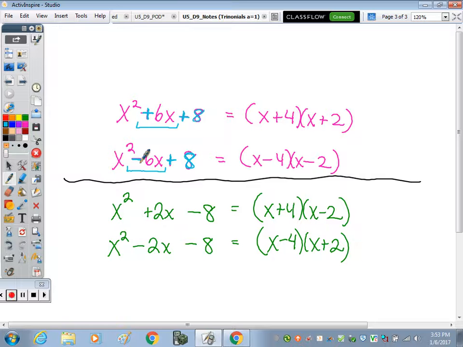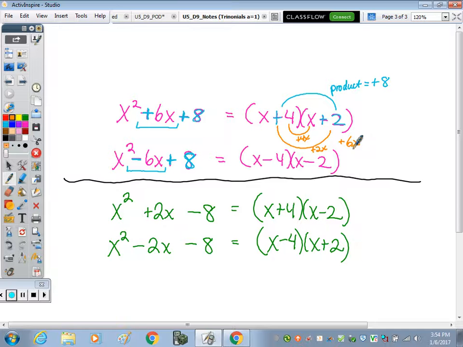So if you go over to the factors on the right, a positive 4 times a positive 2, when you do their product, you get a positive 8. When you combine them with your little smile, big smile, so this is a positive 4x and this is a positive 2x, when you combine those, you get a combined term of a positive 6x.